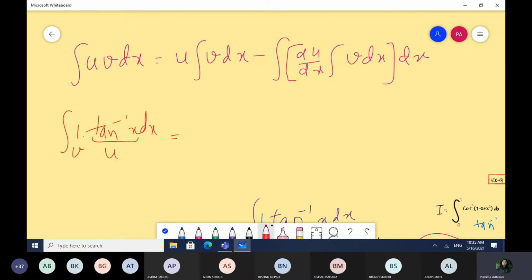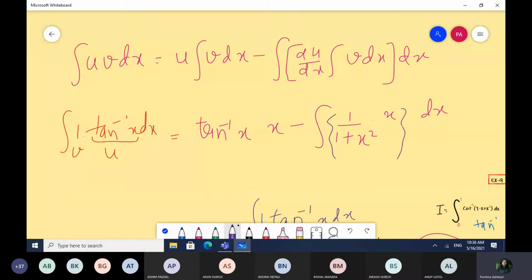You will get tan inverse of x times the integration of 1, which is x, minus the integral of the differentiation of tan inverse of x, which is 1 by 1 plus x square, multiplied by x, dx.